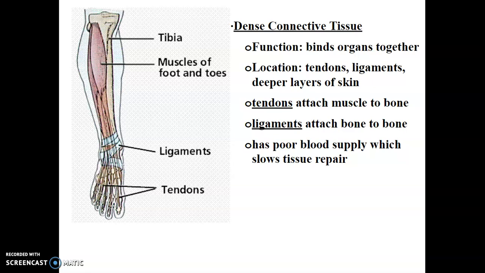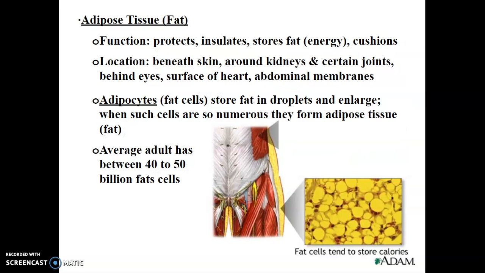Now, both of these dense connective tissues are very slow to repair because of the poor blood supply to them. We saw in loose, it's got a very rich blood supply, so it heals quickly. Here, they heal very, very slowly. Sometimes they won't even heal themselves. That's why you might have to have some kind of operation to suture these back together, tendons and ligaments.